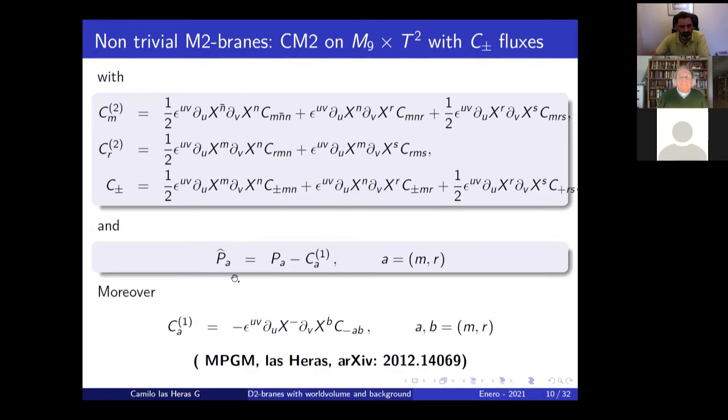This hat means that we have performed a canonical transformation in order to eliminate non-physical degrees of freedom that are otherwise present in the Hamiltonian. This was a problem noticed by de Wit, Peters, and Plefka in the context of M2 branes. We solved it in the context of M2 branes, and we used it to solve the same situation in the context of D2 branes too.